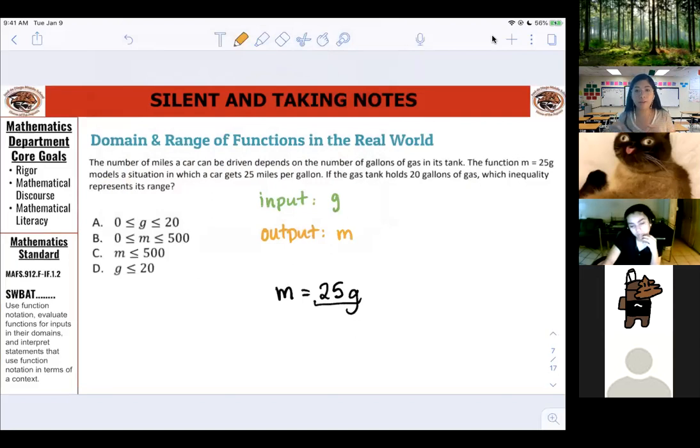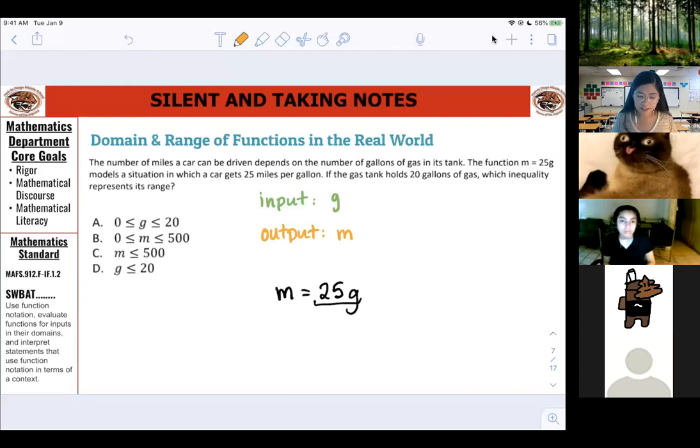And the amount of gas that you put in will get out a certain amount of miles or mileage. The more gas you put in, the more miles you can drive. You can't put miles in your car and get gas out, right? That would make no sense. You have to put gas in and the miles kind of come out. So that's why my input is gas and the output is mileage.